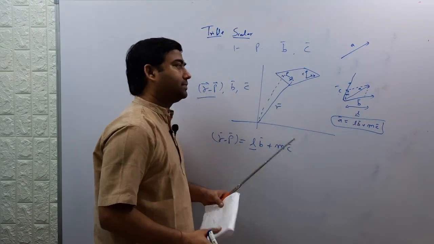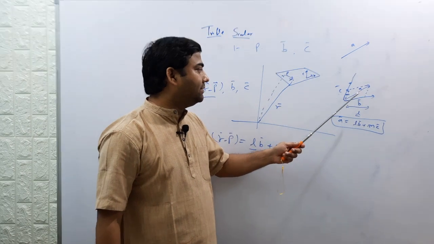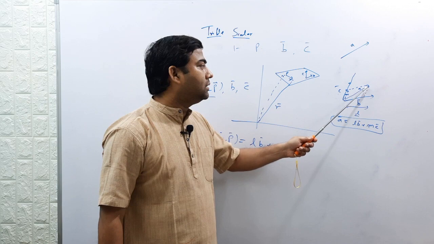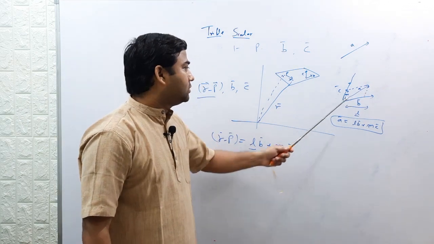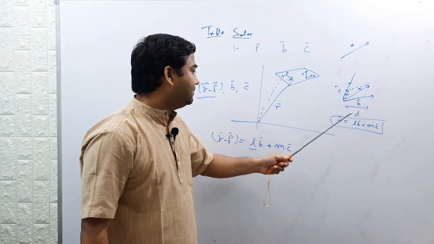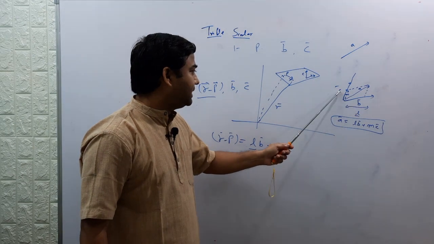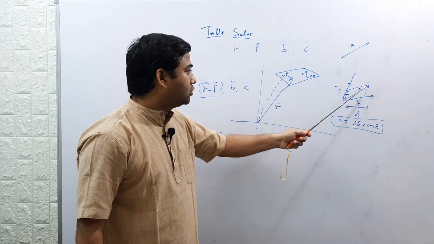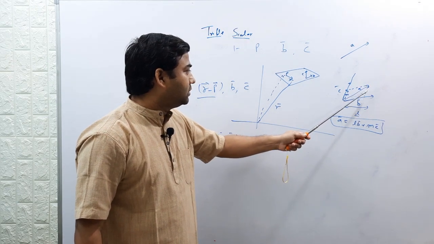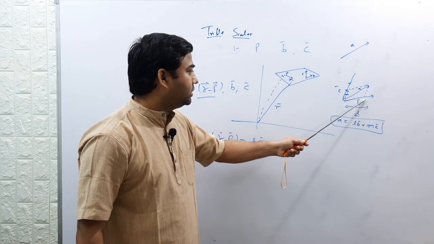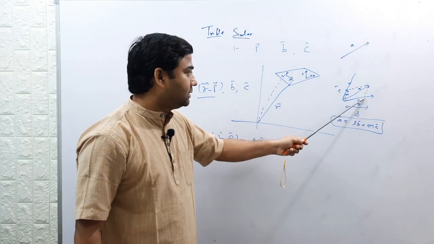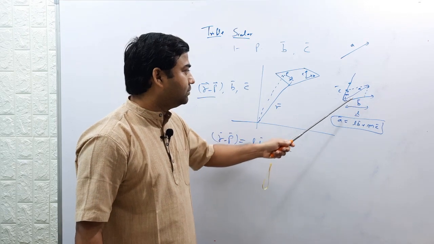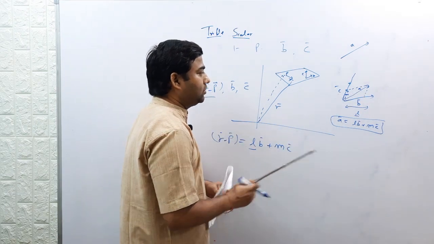So any vector can be represented in terms of two given vectors by forming a parallelogram. This vector A can be represented in terms of B and C. You just have to complete the parallelogram: draw a line from A parallel to vector C on vector B, and draw a line from A on vector C parallel to vector B. This will be a parallelogram.